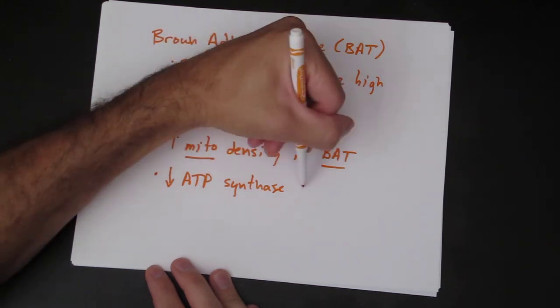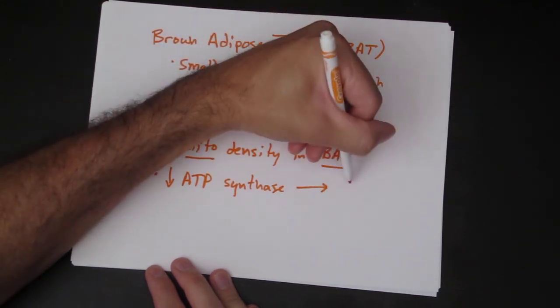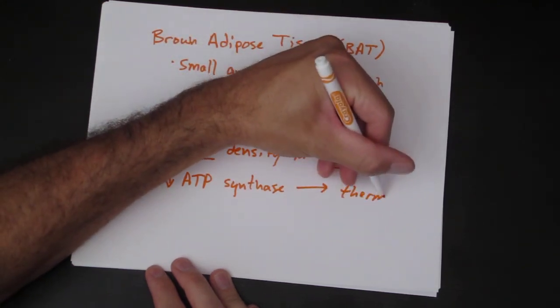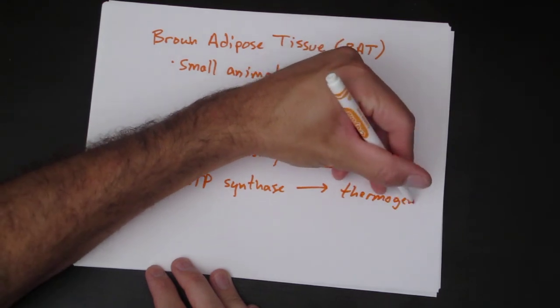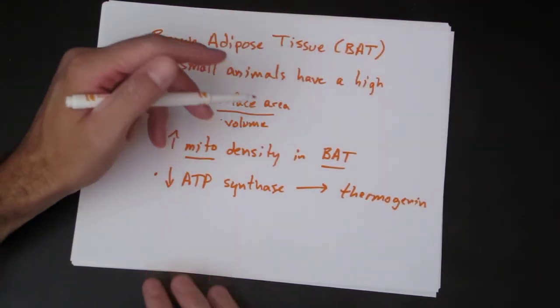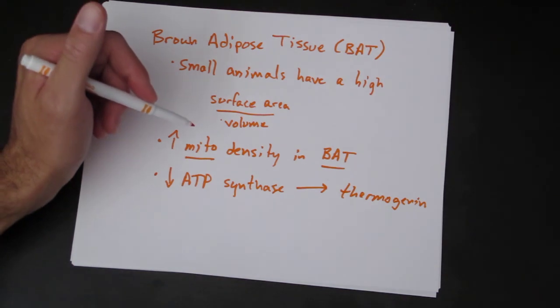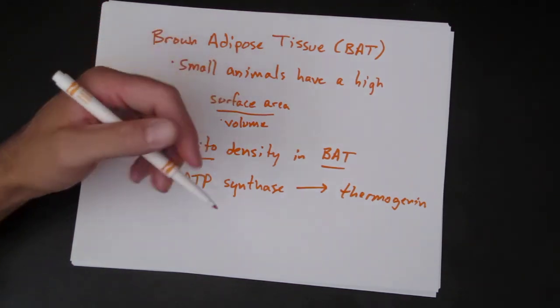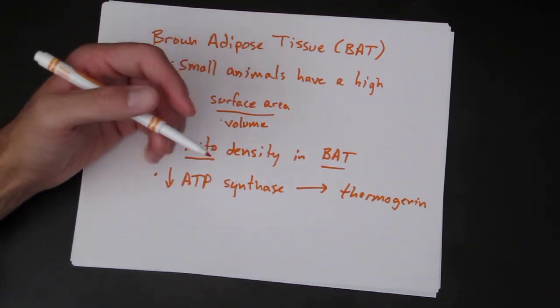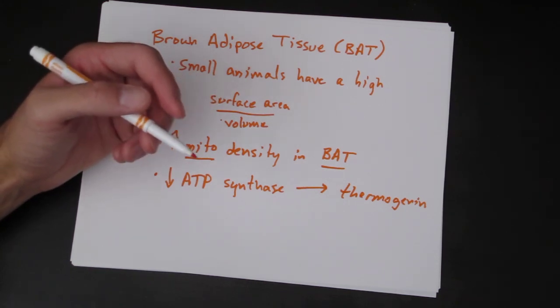What those mitochondria have instead is they have a protein called thermogenin. The idea behind thermogenin is similar to ATP synthase. It provides a pathway for the proton gradient to be dissipated.